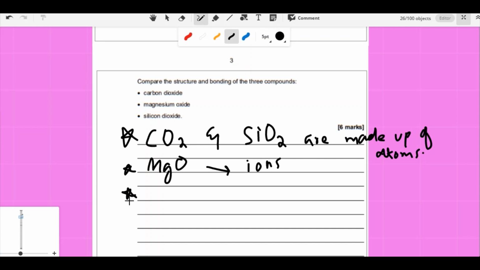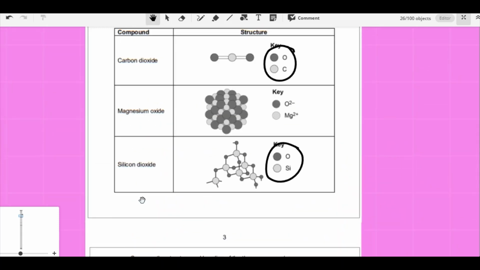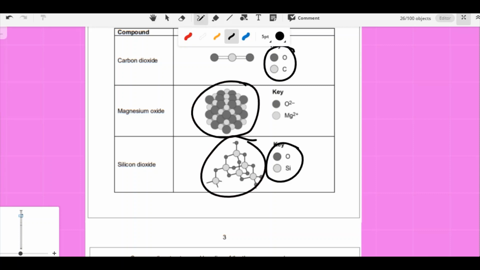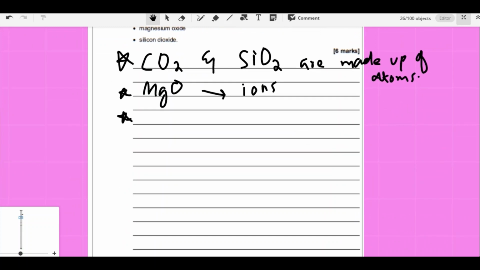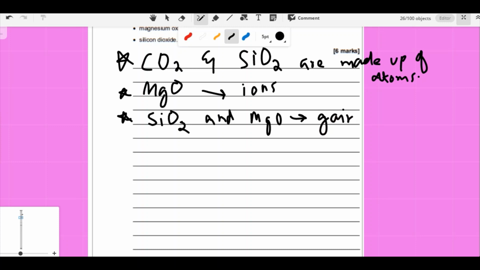Okay, the next one, silicon dioxide. Silicon dioxide and magnesium oxide have chain structures, so you can say silicon dioxide and magnesium oxide have a chain structure.